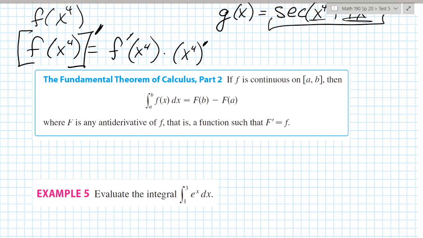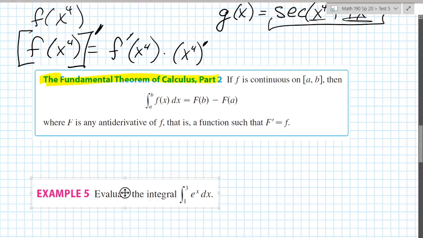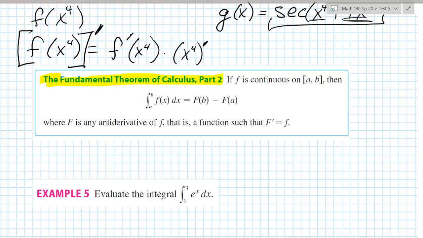The fundamental theorem part 2 is probably even more useful for us, and I would highlight this. Maybe put a heart next to it too.